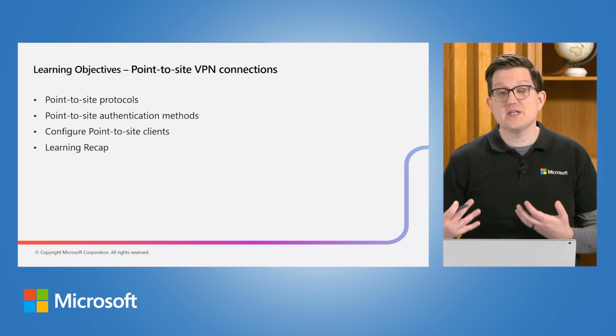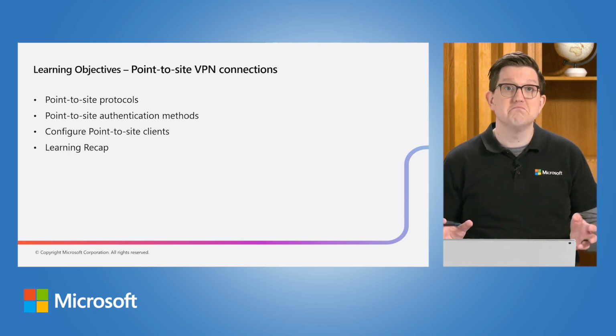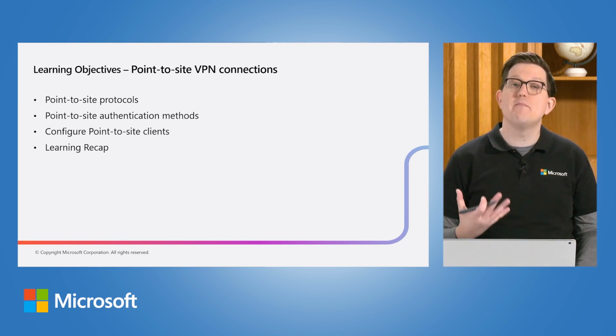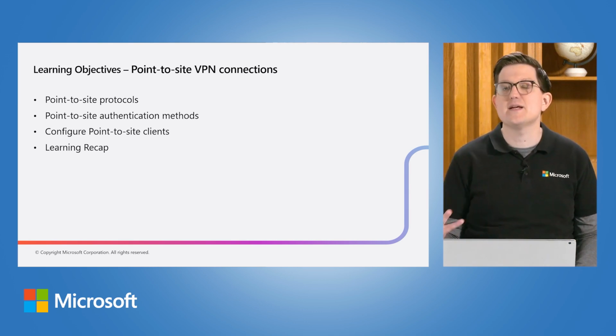We are going to be looking at point-to-site VPN connections. These are typically established from end-user devices like laptops and mobile phones and allow us to integrate in with our private networks and let people access the resources they need to. Regardless of the type of point-to-site connection you are establishing, which we do support quite a few different ones, you're going to need to go through some basic setup in order to get things up and running.